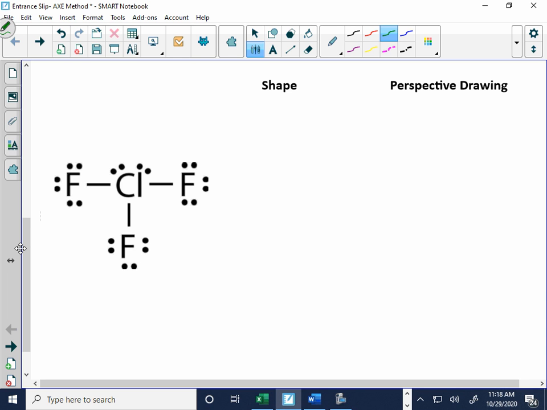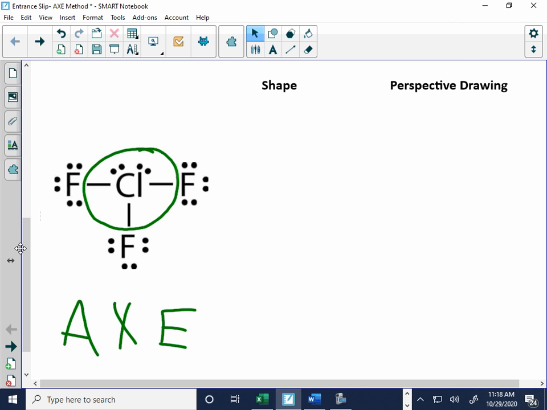So when I do my ACTS method, once again, I'm going to circle my center atom, and I'm going to go A, I'm going to go X, I'm going to go E, and I look. My X is my bonding pair. I have 1, 2, 3 bonding pair. So X is 3, and I come up and I say, okay, what about my non-bonding domains?